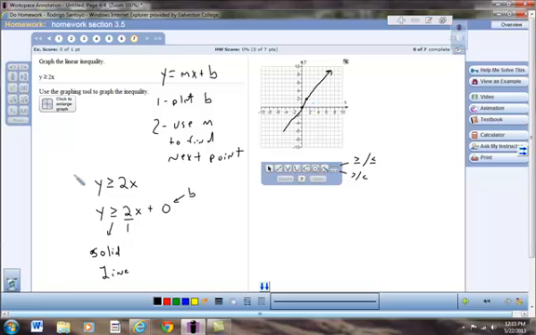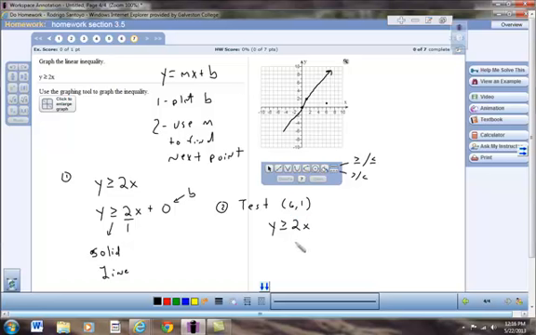Okay, so that was the first thing we did. The second thing we're going to do is pick a test point. You can pick any test point you want. Here I'm going to pick a test point, maybe this one, which is (6, 1). So (6, 1) will be my test point. What we're going to do is plug those values back into our original inequality.